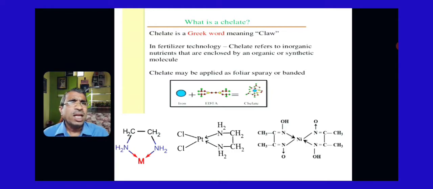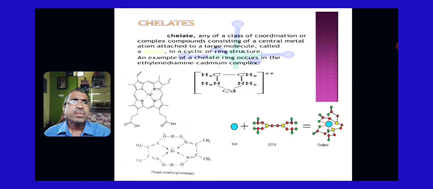Next is nickel dimethyl glyoxime, where I have shown the 2 chelating rings, and later the OH groups also form hydrogen bonding, resulting in the 4 rings.